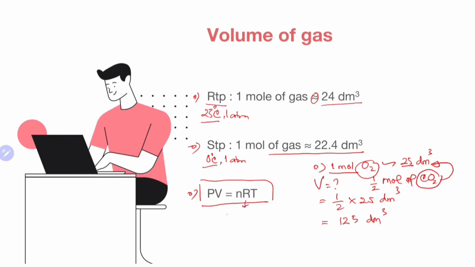R is the constant, T is the temperature, V is the volume, and P is the pressure.